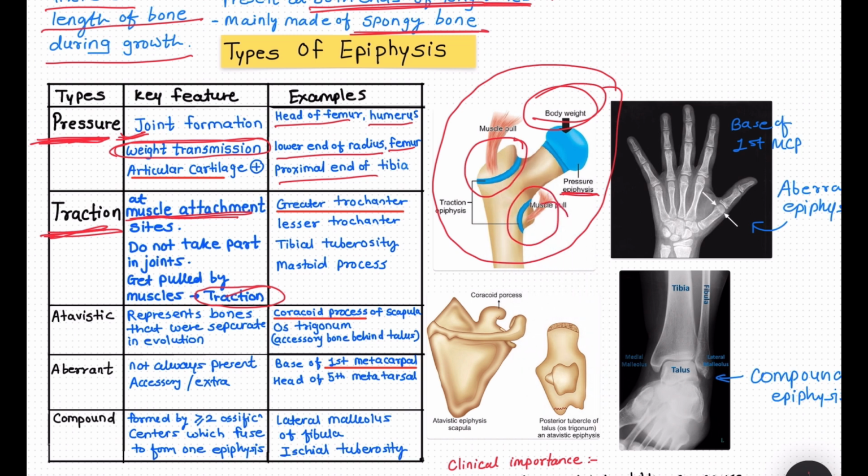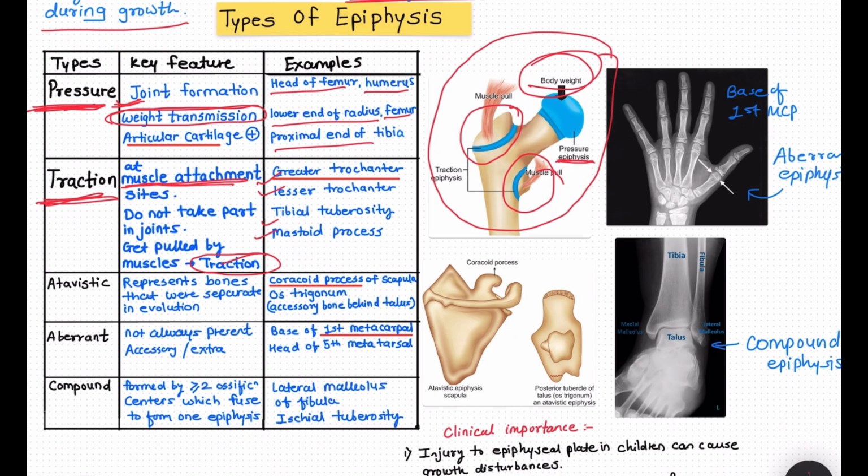While doing movement, the muscle gets pulled, and this muscle is attached to the epiphysis present at the greater and lesser trochanter. So it creates a traction, therefore it is called traction epiphysis. It is present at the greater trochanter, lesser trochanter, tibial tuberosity and mastoid process.